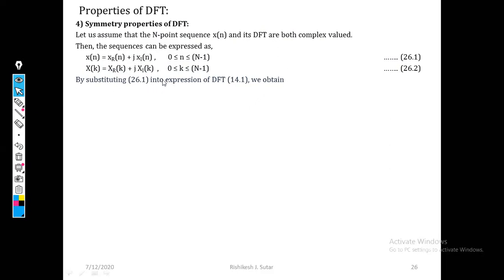So let us substitute the basic equation of DFT inside this first equation, that is 26.1.